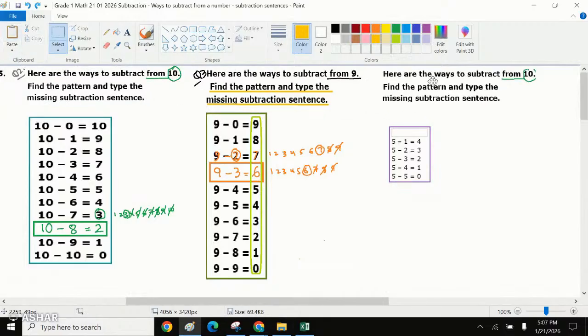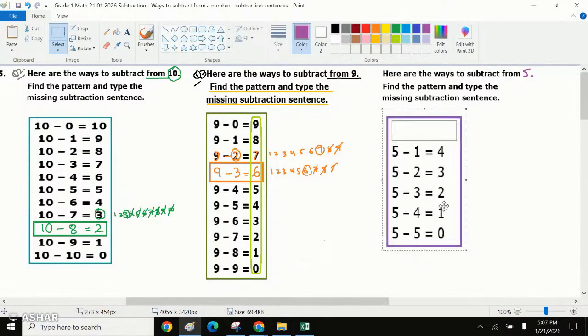This is subtracting 5. Okay, I'll just change this to 5. Why we can say this is from 5? Because all the numbers that we see in the question, in the statements, are 5 minus something, right? So this is our question number 4.